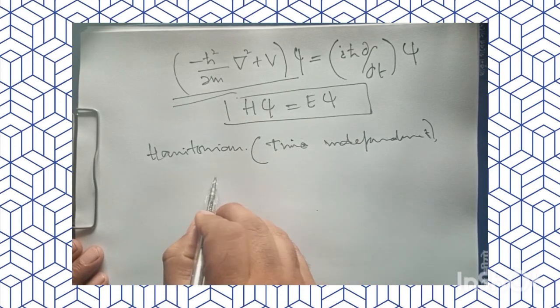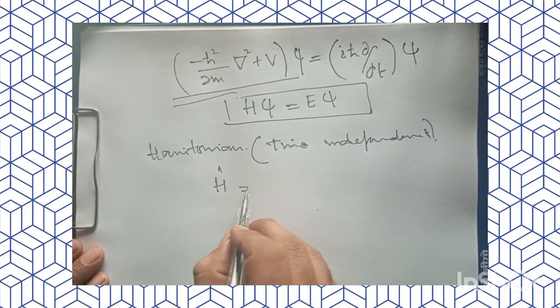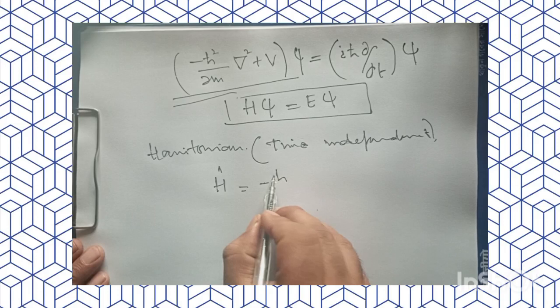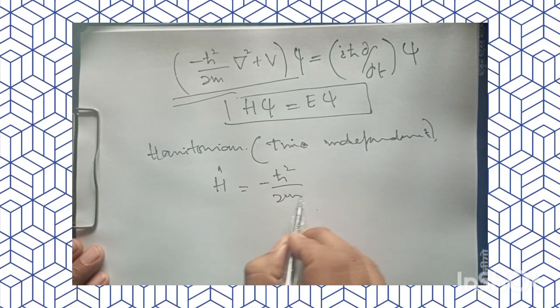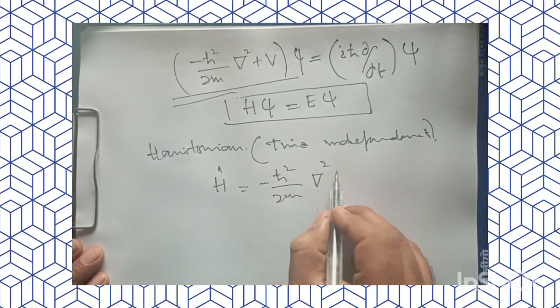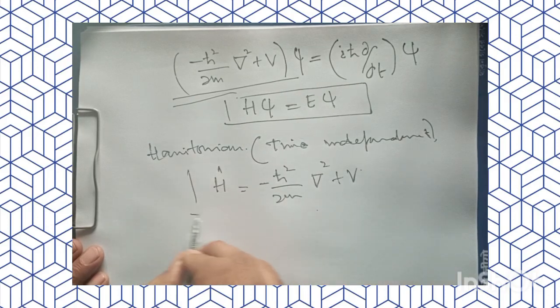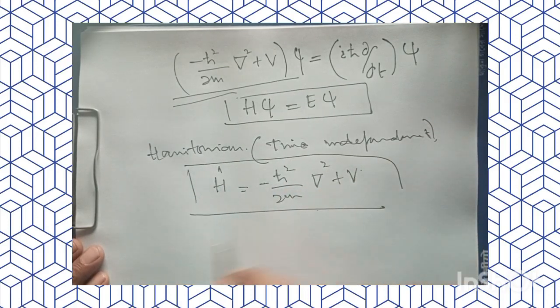If I have H cap as the Hamiltonian operator, this will be minus h bar square by 2m del square plus V. So this equation is a representation of the Hamiltonian operator for the time independent part of this equation.